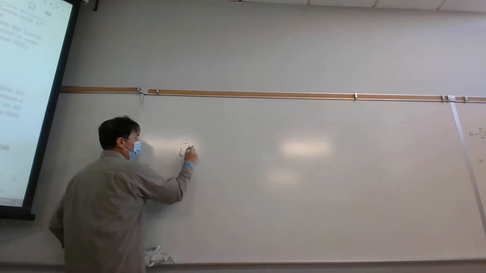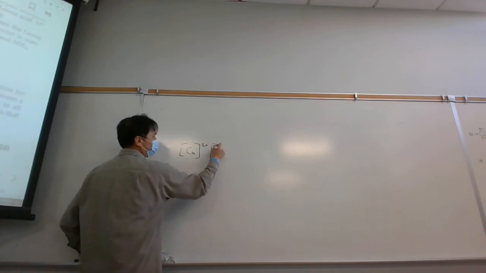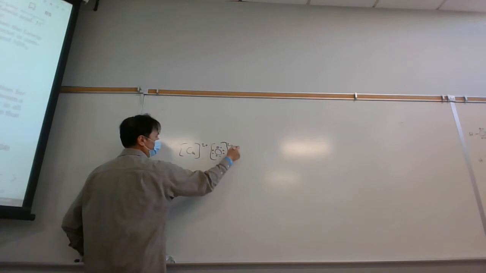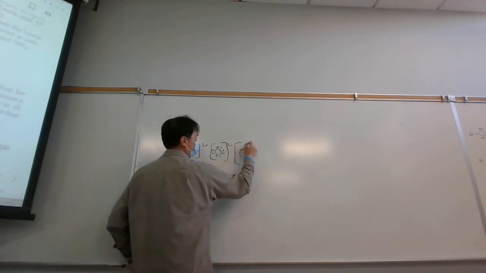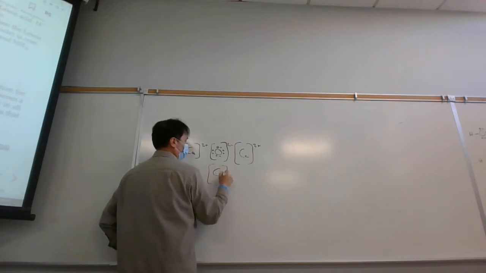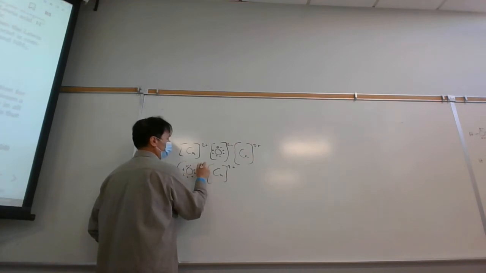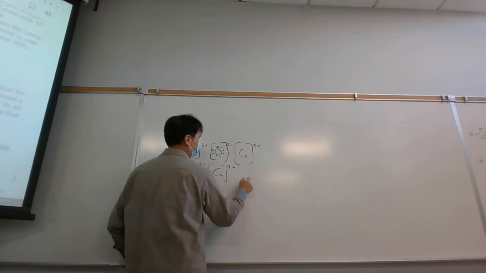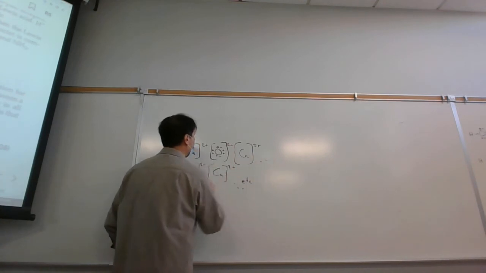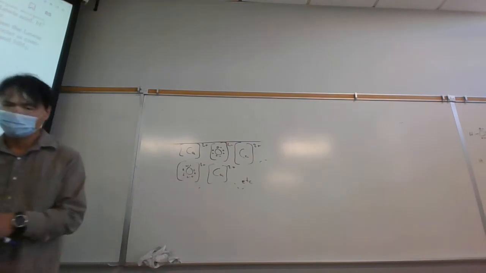I'm going to draw out the Lewis structure. When we do Lewis acid-base reactions, we draw out the Lewis structure. The Lewis structure for our ionic solid would just be a lattice of ions, etc., and just go up. Let's say this is the surface of the crystal here.